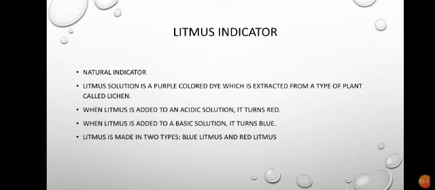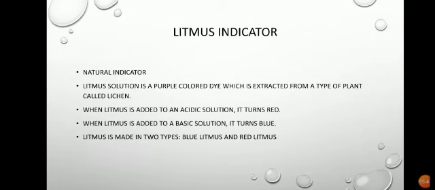And when litmus is added to a basic solution, it turns blue. Though the natural color of litmus is purple, it is made into blue litmus and red litmus for the sake of convenience in detecting the color change when an acid or base is added to it. Thus litmus is made into two types, one is blue litmus and another is red litmus.